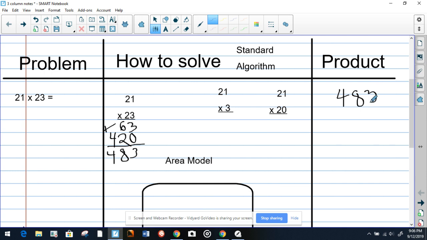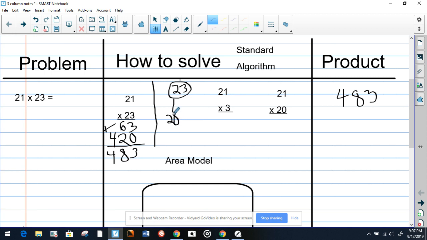Now, some students have difficulties doing these things, so I separated this on purpose. So this is another way to do the standard algorithm. Because 23 can be decomposed, let me write this down here. 23 can be decomposed into two numbers, and usually you decompose the number below, not the one on the top.